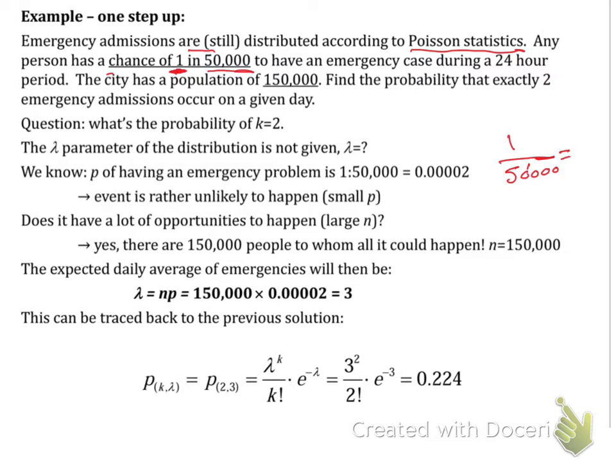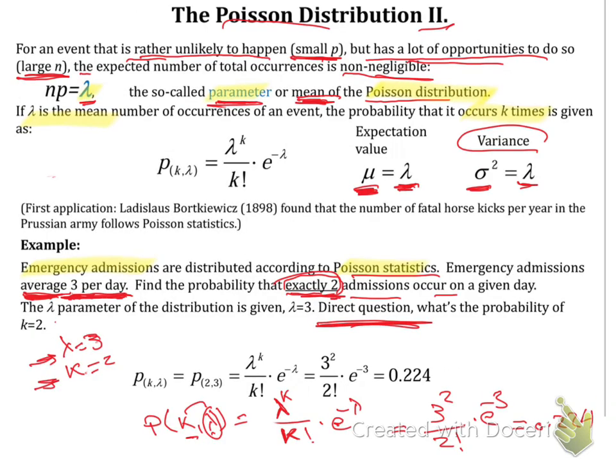It's unlikely to happen, around 0.00002. It should not actually follow Poisson statistics, but if you remember, in Poisson statistics there were 2 conditions.